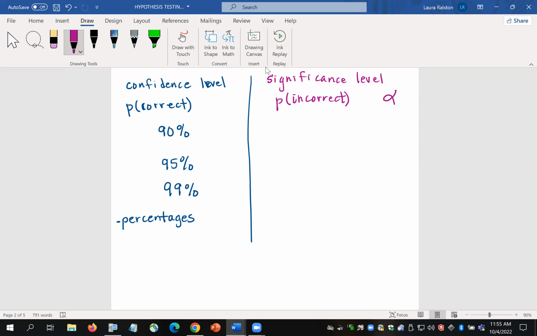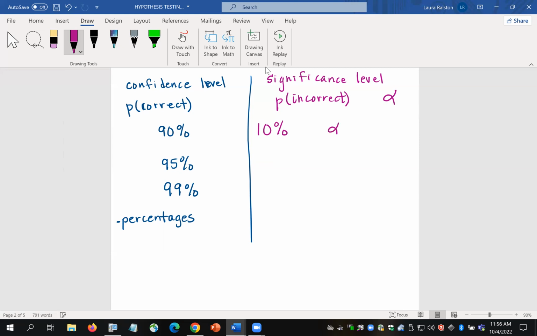Formally, it's the probability of a type 1 error, but we really haven't talked about type 2 errors. Again, it's basically that you come to the wrong conclusion. Well, if both of these are really probabilities, and probabilities have to total to 100%, if I'm 90% confident that I'm correct, there's a 10% chance that I'm incorrect.